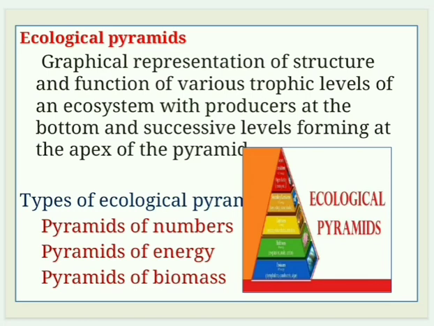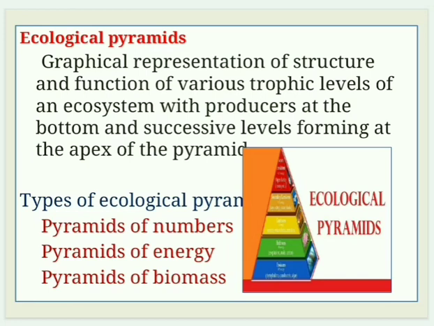When you see the count, producers will be small in size but large in number, so they occupy the bottom level. Then primary consumers, rats, then snakes, and finally the eagle. So the number and size will be less at the top.